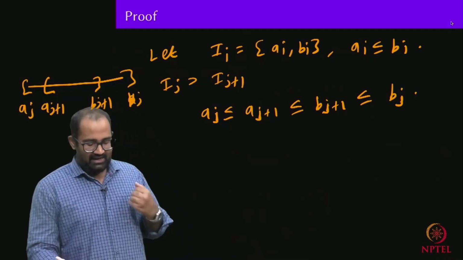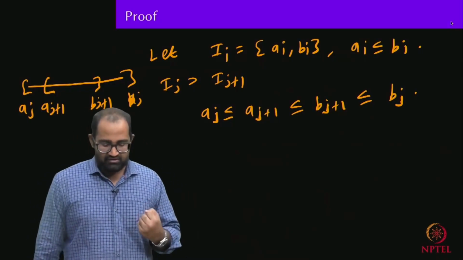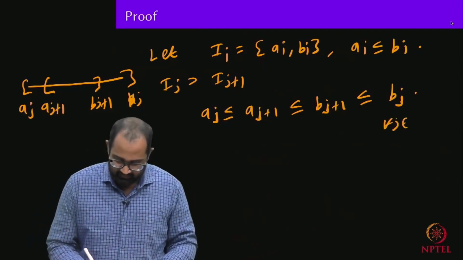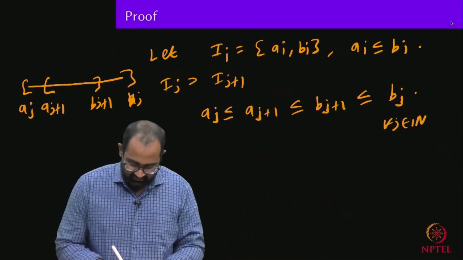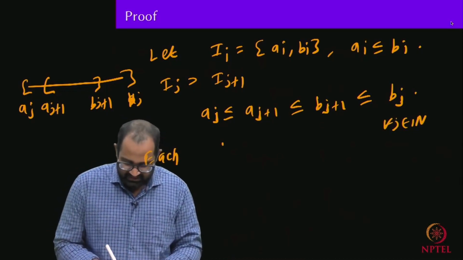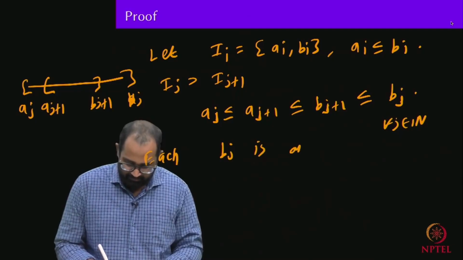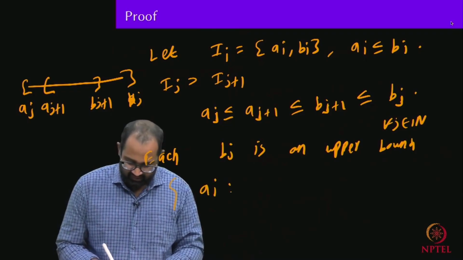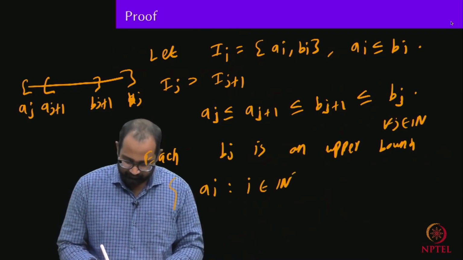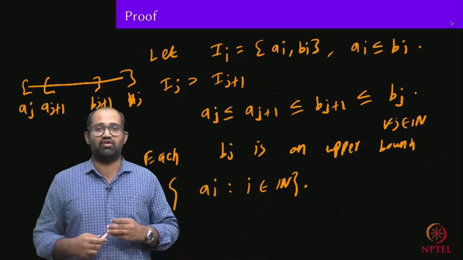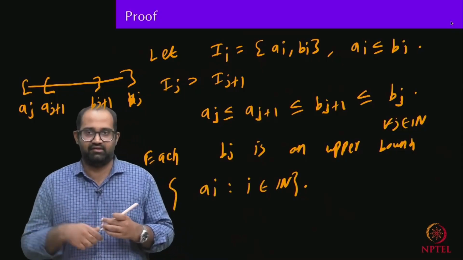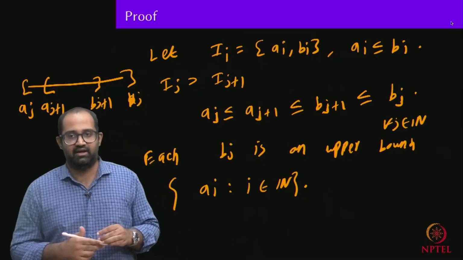Now, what do I want to say? Yeah. So, a_j is less than or equal to a_{j+1}, which is less than or equal to b_{j+1}, which is less than or equal to b_j. This is true for all j in N, which means each b_j is an upper bound for the set of all a_i's as i runs through N. Look at the collection of all the left endpoints of the various closed intervals in this indexed family.